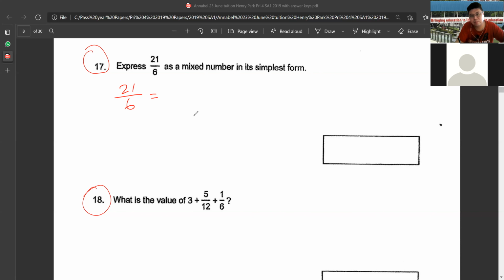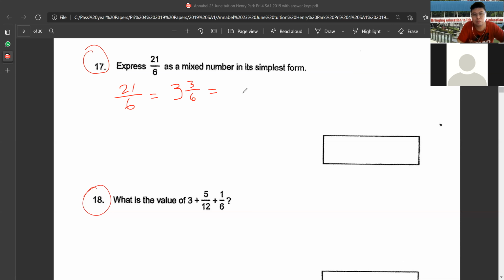Mixed number is what? You tell me what's the mixed number. You make it into a mixed number. You say you know how to make it into a mixed number. Yes. 3 over 6. So the simplest form would be?